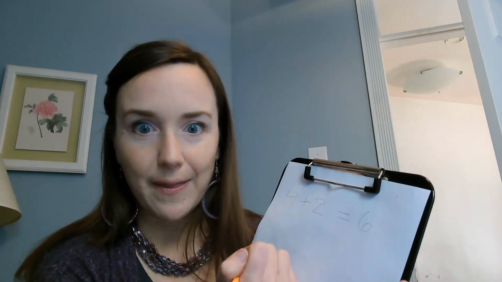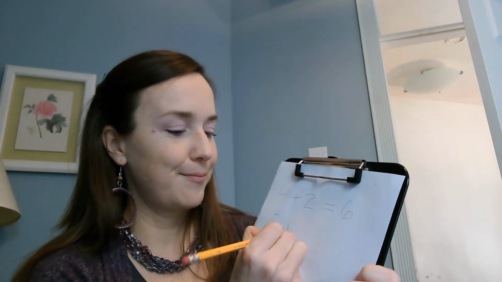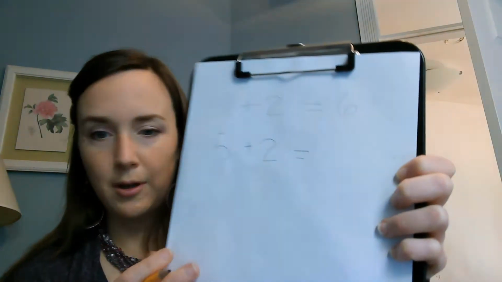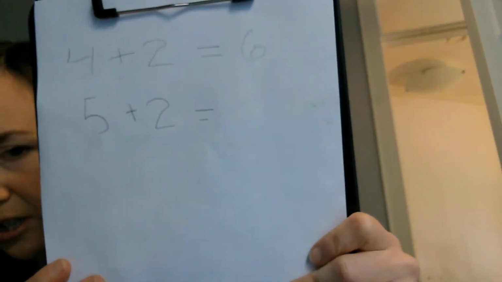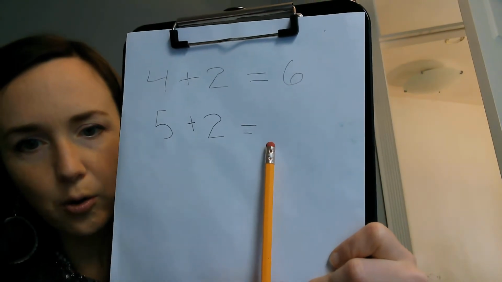So the next one that we can do together is 5. Actually, I'll write it and then we can read it together. Okay, so when we see an addition equation, usually it's giving us the parts and asking us to find the whole.